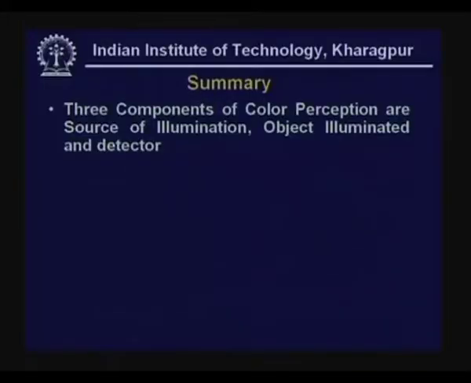The object illuminated leads to object color, which depends on the characteristics of the object by way of absorption, reflection, and transmission. Then the detector obviously is the observer, for whom we are trying to make the whole illumination system.